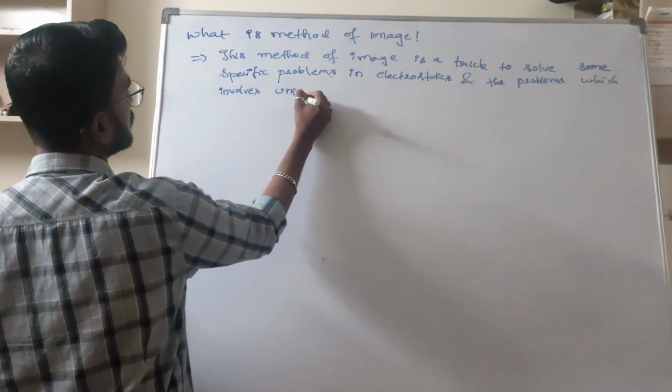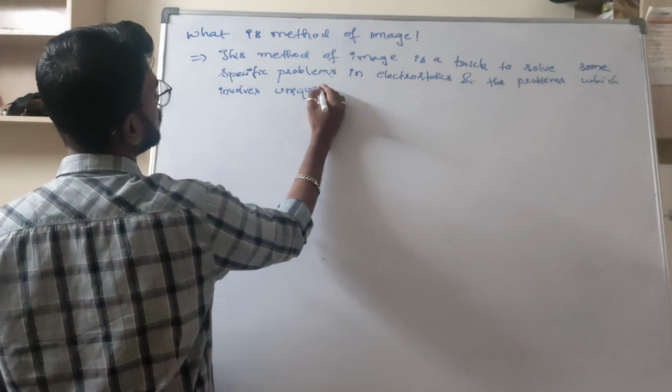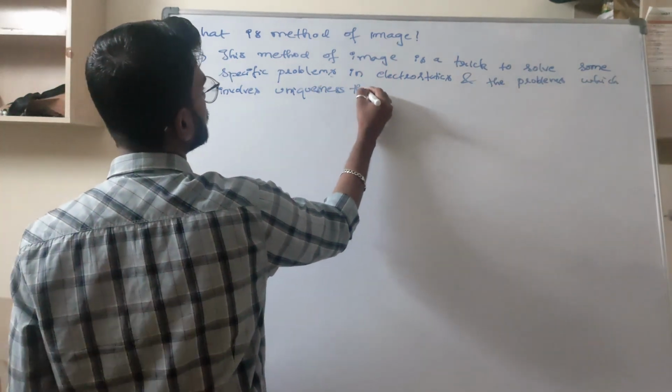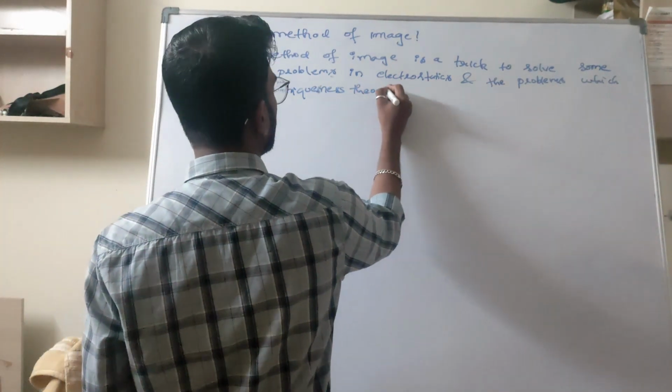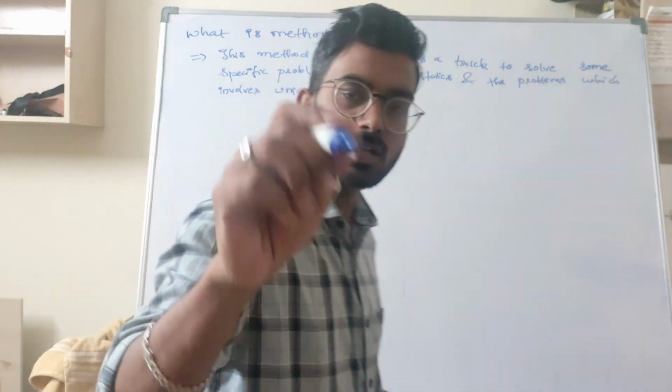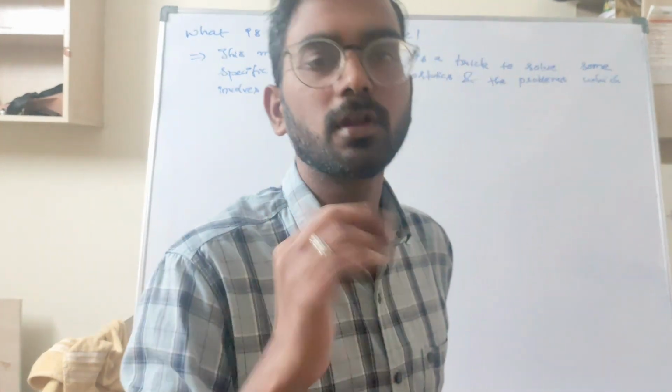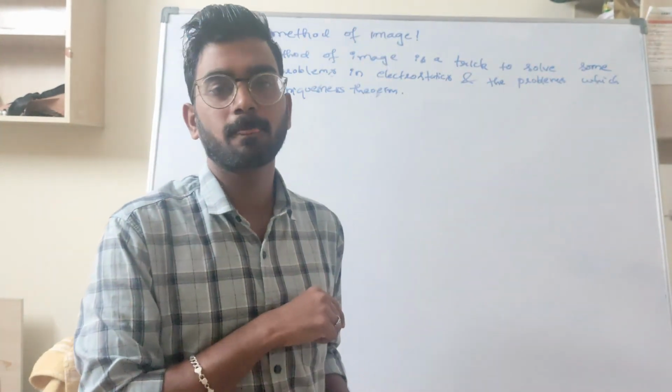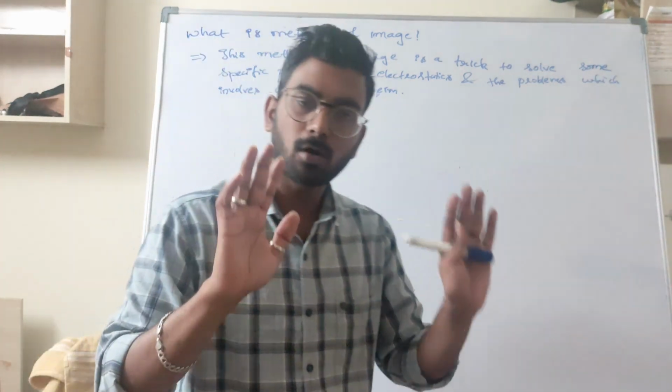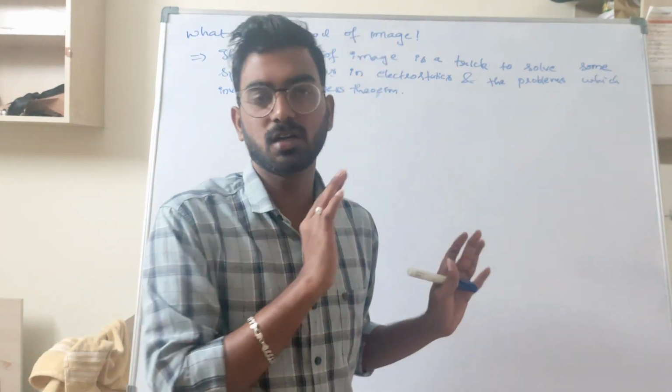Even though they involve the uniqueness theorem, there is no need to apply the uniqueness theorem there. You directly solve the problem by applying the method of images, the trick.